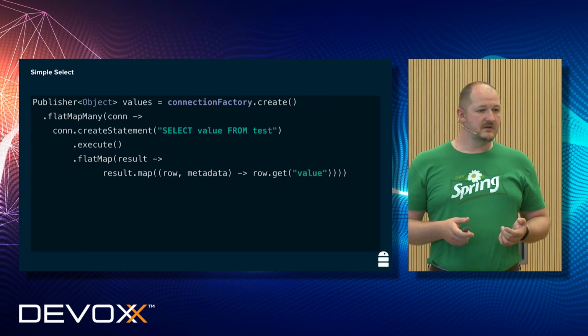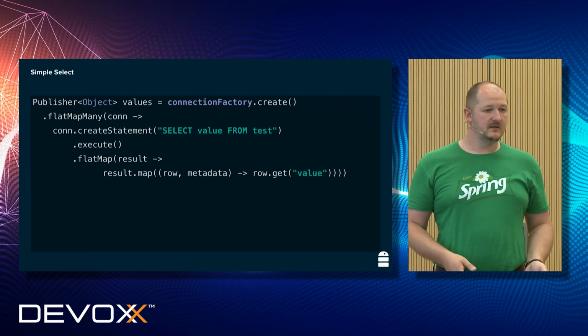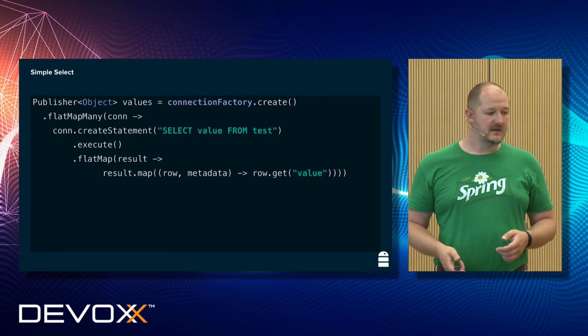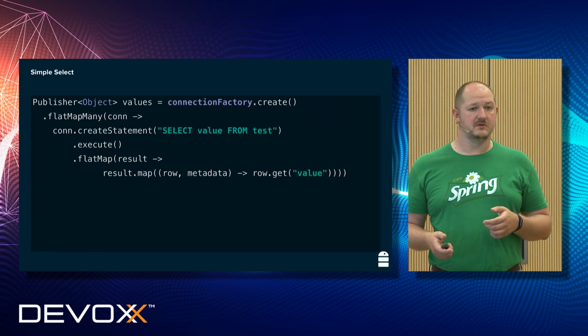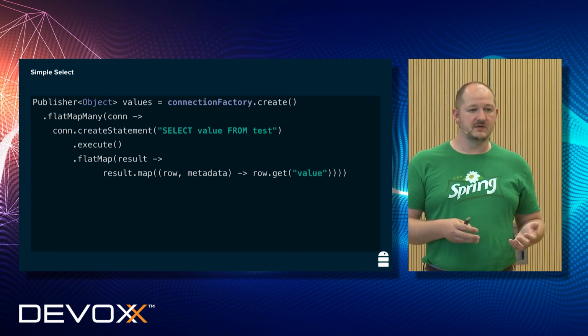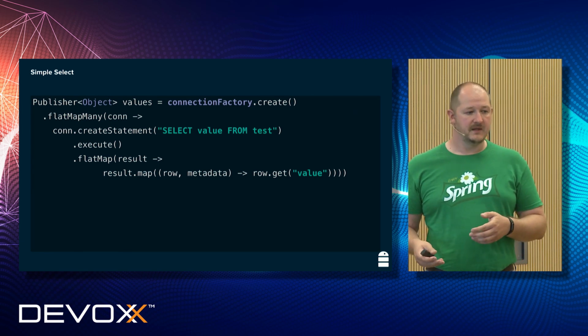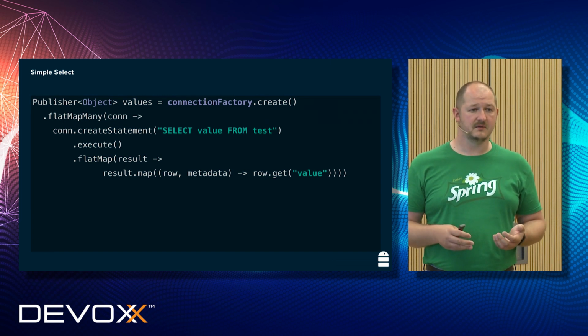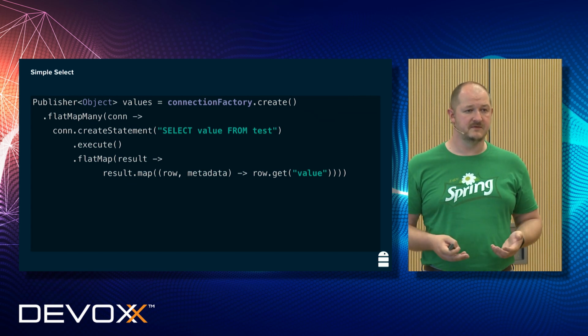As soon as we get that connection emitted, we issue a select statement, select value from test. We execute that. And again, we are flat mapping the result, which means as soon as results stream in, then we are able to work with that result. And the result interface itself has a map method that accepts a function handed in with a row and a metadata.